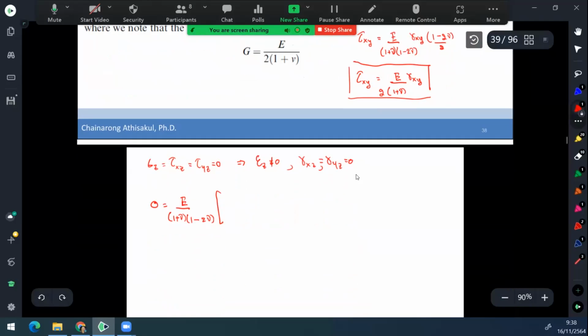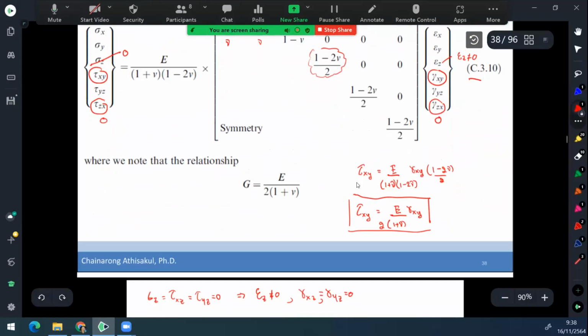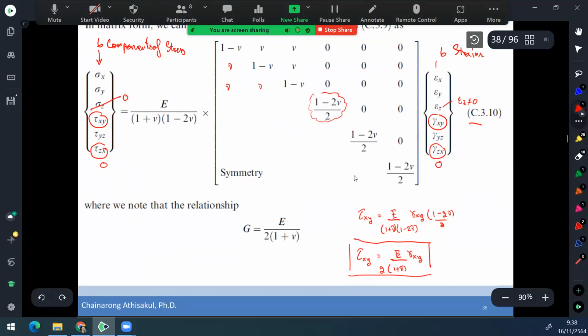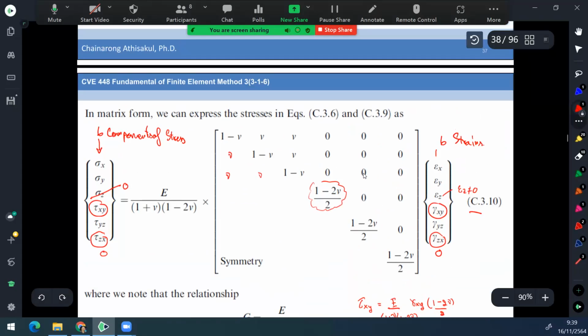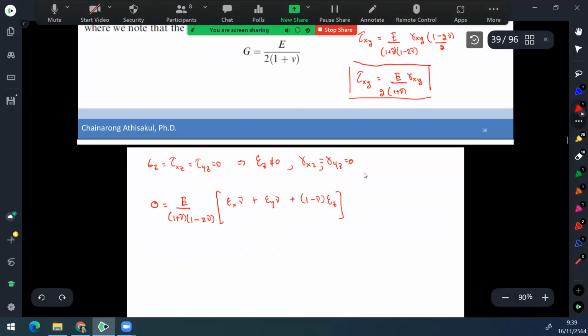So it's equal to epsilon x nu, plus epsilon y nu, and plus 1 minus nu epsilon c, right? It's just for this condition. For this condition, the other terms become 0.